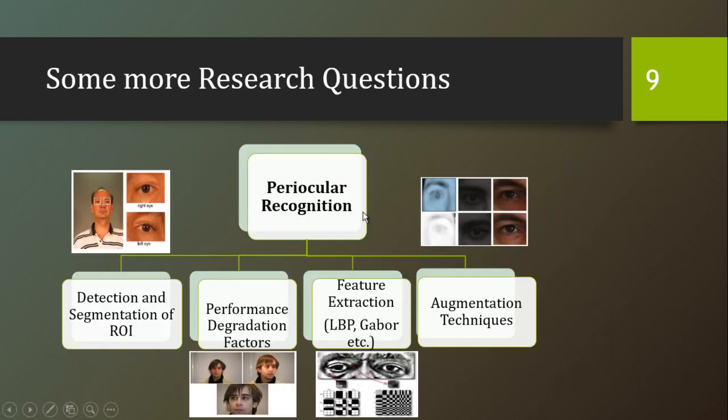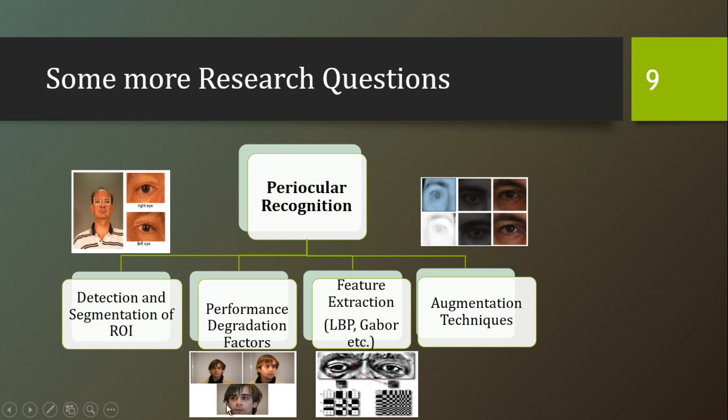Similarly, some more questions that I have posed: how to detect or localize the periocular region (ROI)? Also, how can we split that into left or right eyes? Do we need the second eye as well, or do we just need one eye and take the symmetry, like a horizontal flip, which will also work? Do performance degradation factors like distance and illumination affect the results?